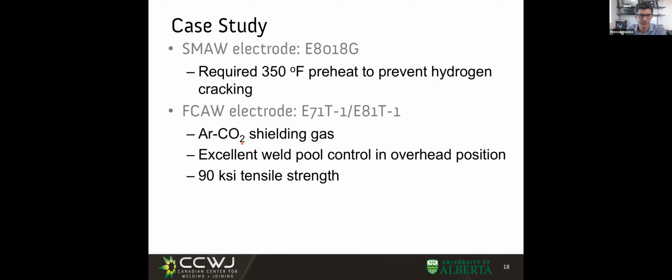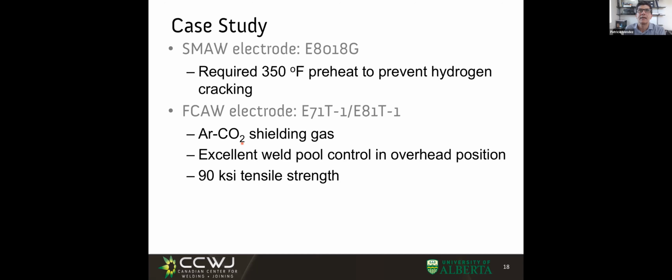Because they have a mixture of argon and CO2 shielding gas. Because this type of weld, under the conditions they were doing it, they were obtaining 90 ksi of tensile strength.